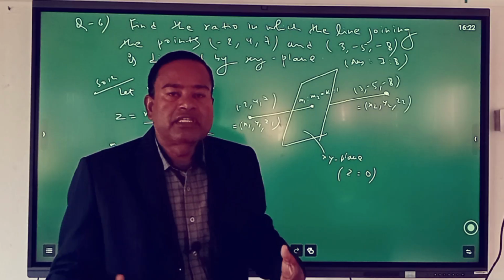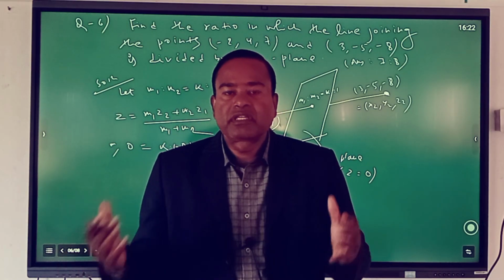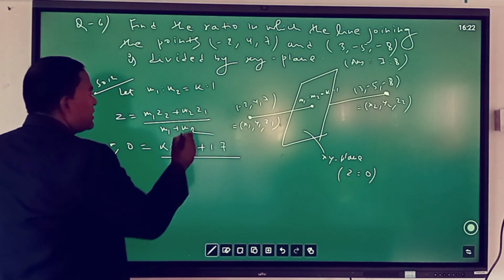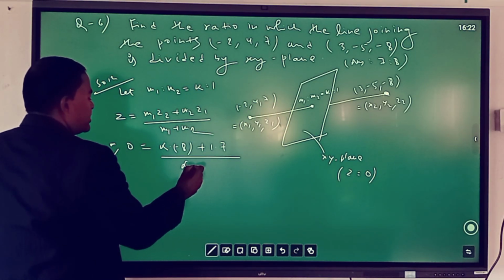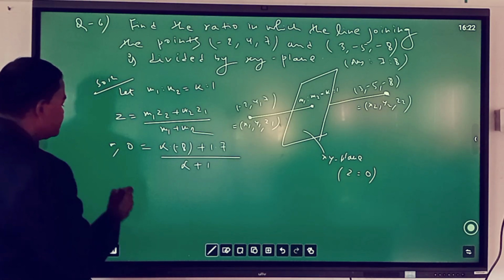The ratio m1 is to m2 we have supposed k is to 1, so substituting k for m1 and 1 for m2.